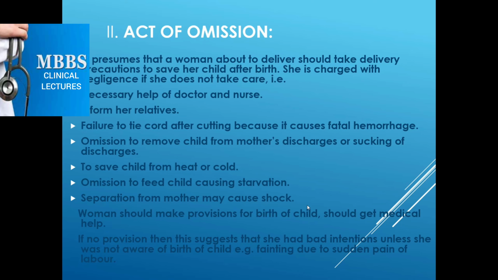Omission to remove the child from the mother's discharge may result in suffocation; to save the child from heat and cold; omission to feed the child may result in starvation and death; separation from mother may cause shock.